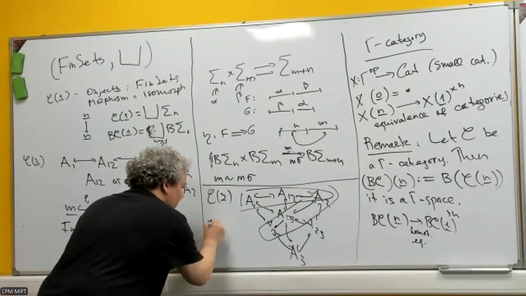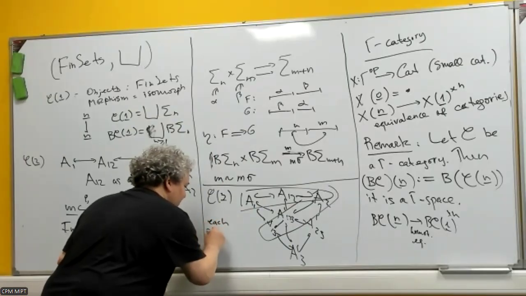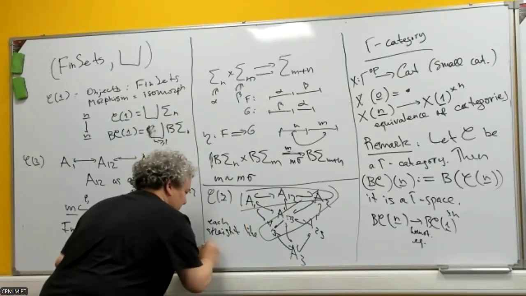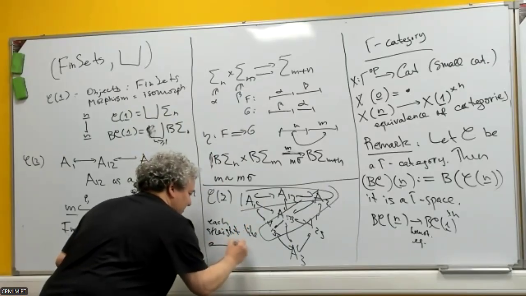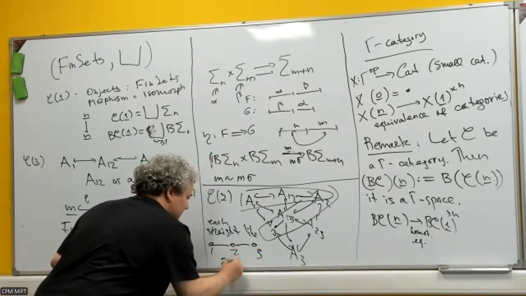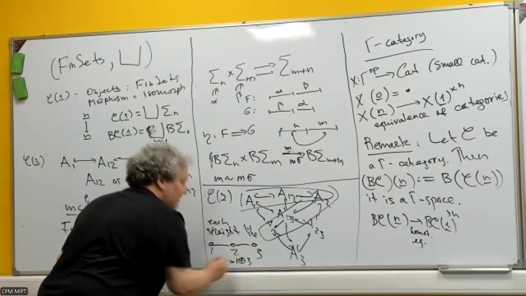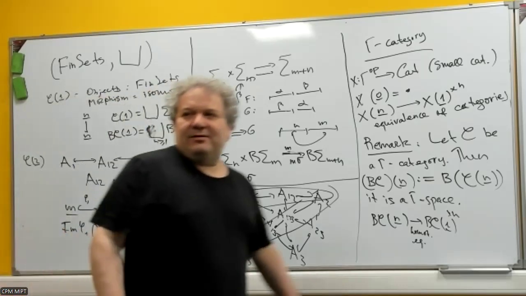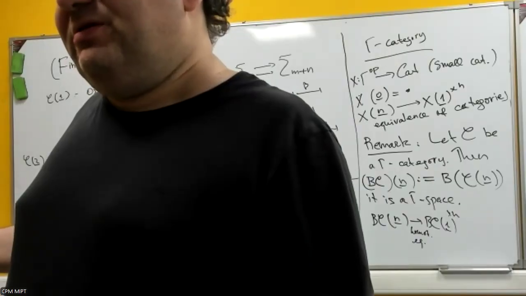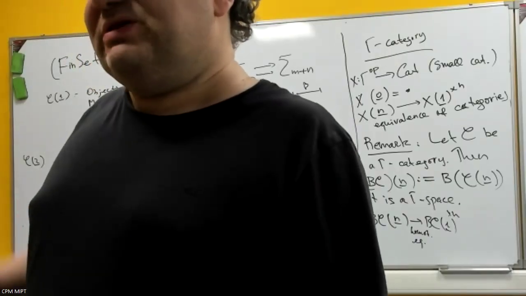So each straight line represents something like 1, 2, 3: it represents 2 as a sum of 1 plus 3. And morphisms are isomorphisms which commute with all that, right?